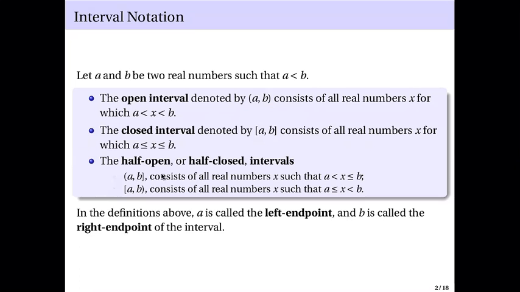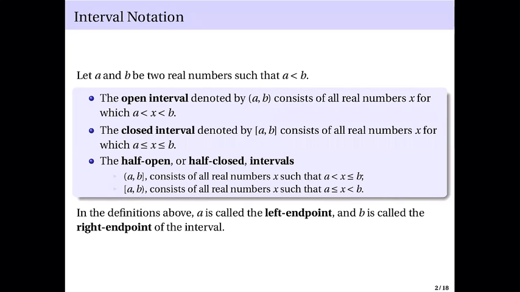Now, in the definitions above, A is called the left endpoint, and B is called the right endpoint of the interval. I think the name is obvious: A is on the left, B is on the right.